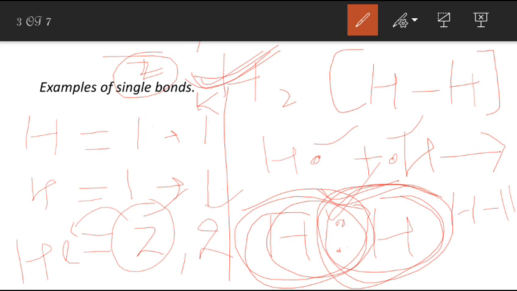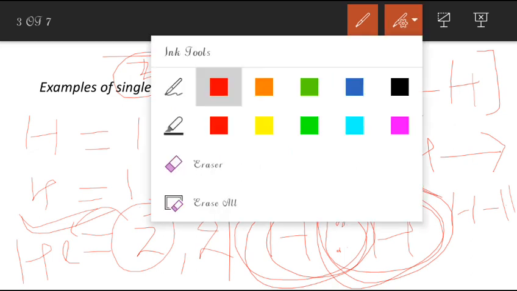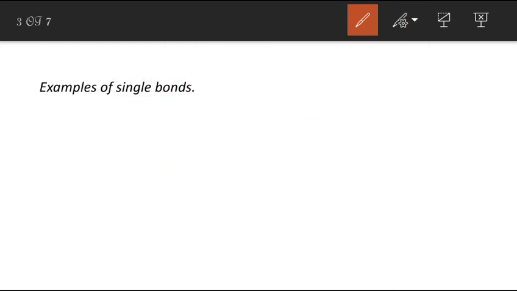Whether the elements form an ionic bond or a covalent bond, they attain the nearest noble gas configuration. This was the second example. Now I will show you the third example.